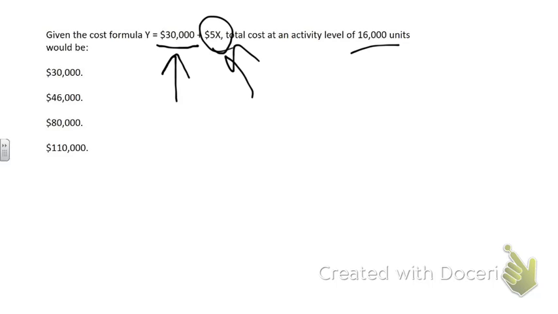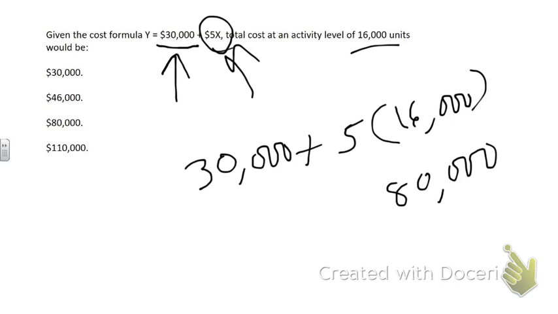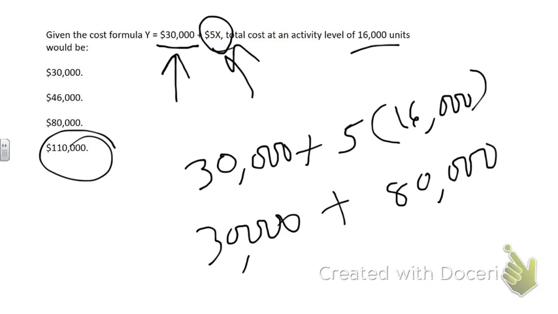So all I need to do is take 30 grand, add to that $5 times 16 grand. That's 80 grand, 80,000. Add to that the 30, and I get the answer is 110. So that's how I do the second.